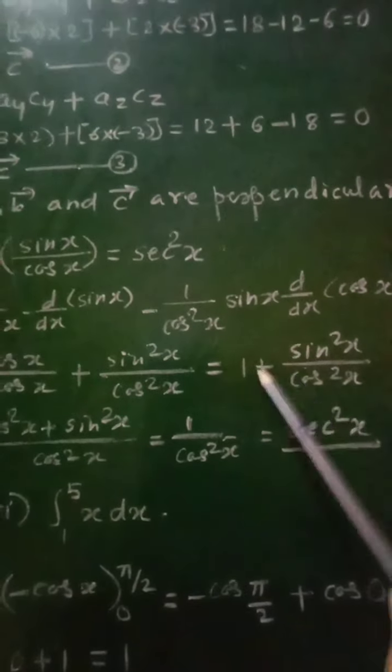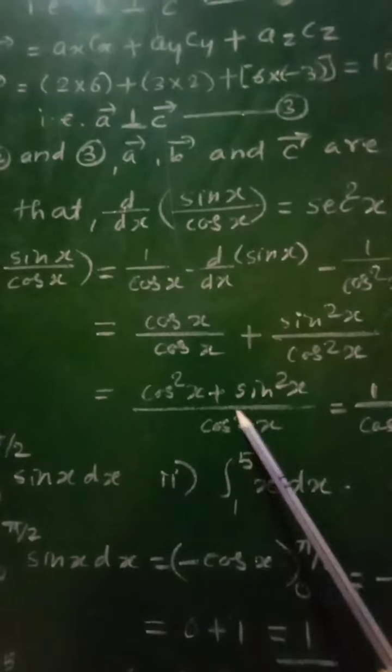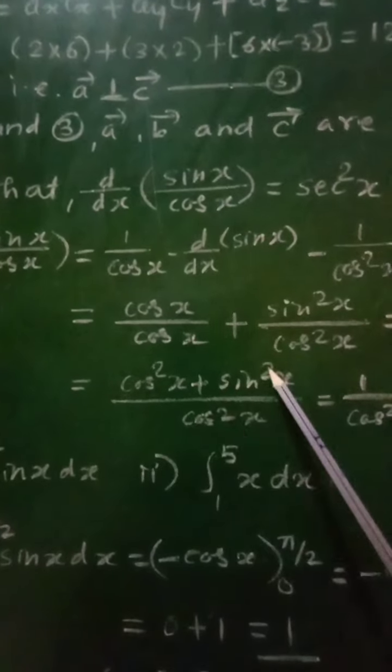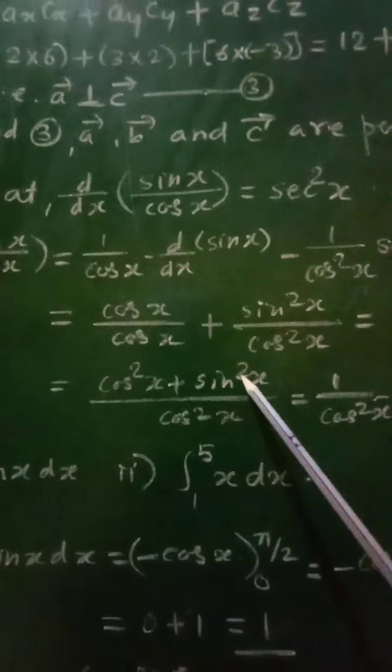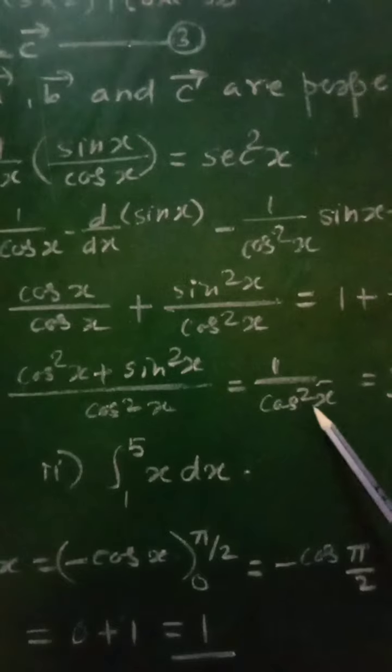Simplifying, cos square x plus sin square x upon cos square x, where the numerator is equal to 1 because sin square x plus cos square x equals 1, upon cos square x.